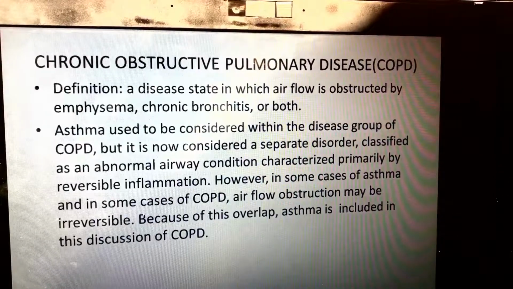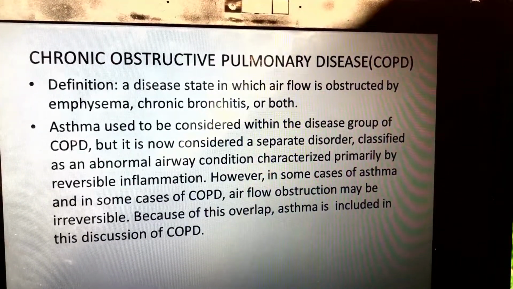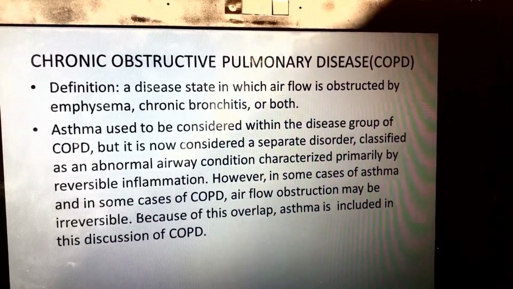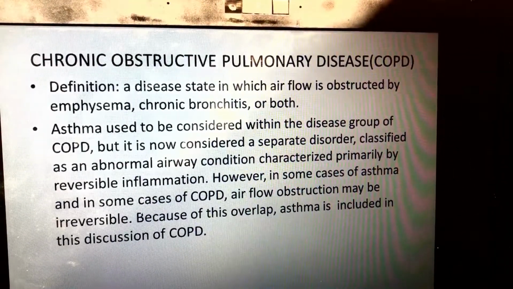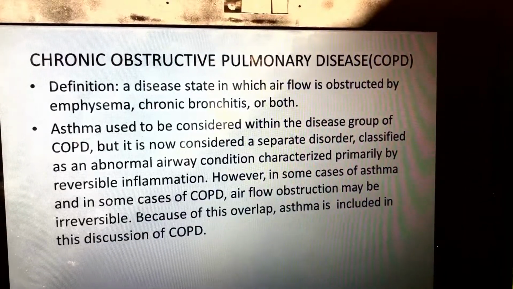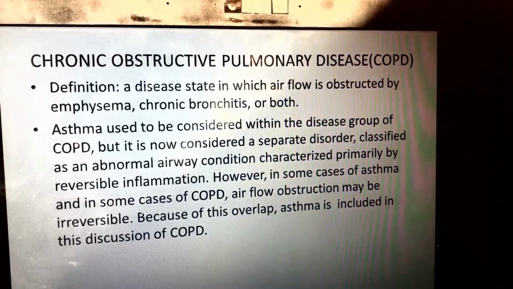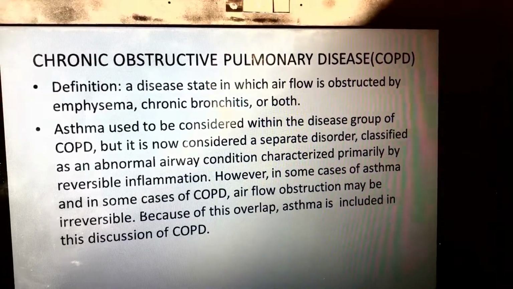Let's see chronic obstructive pulmonary disease. Definition. COPD is a disease state in which airflow is obstructed by emphysema or chronic bronchitis or both.